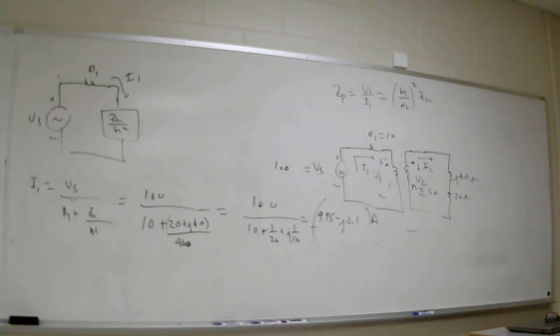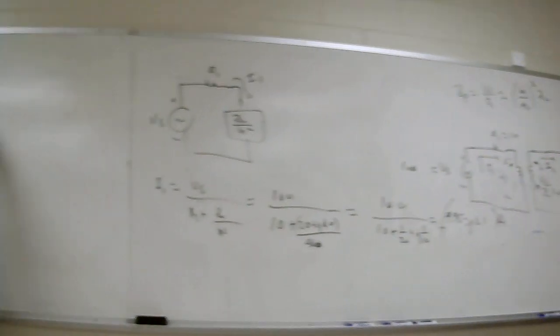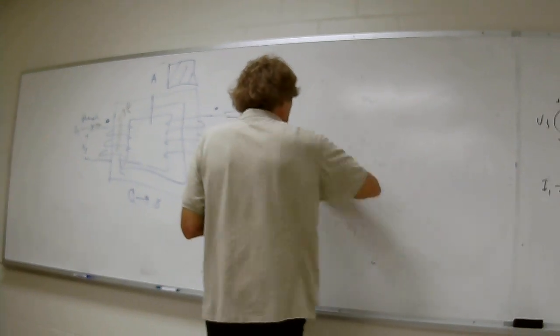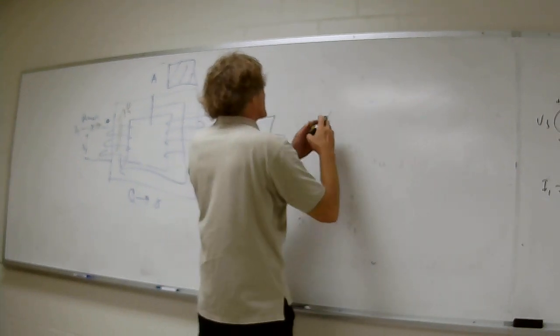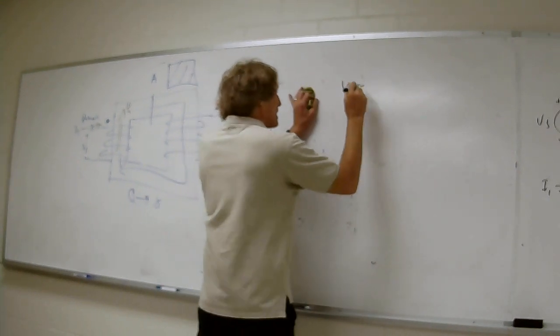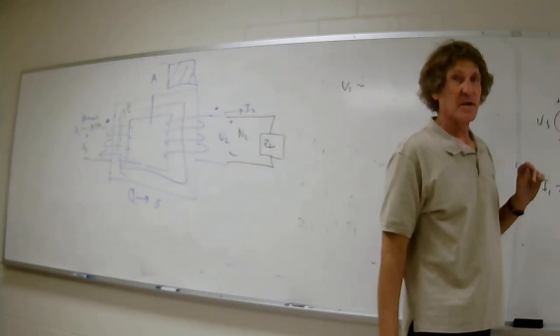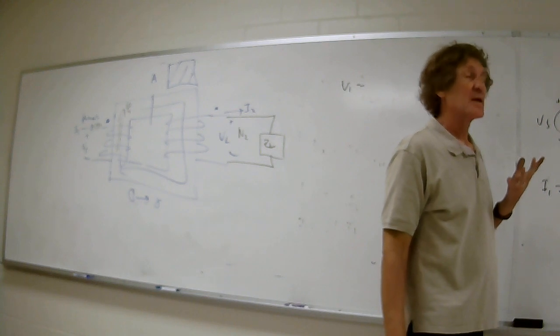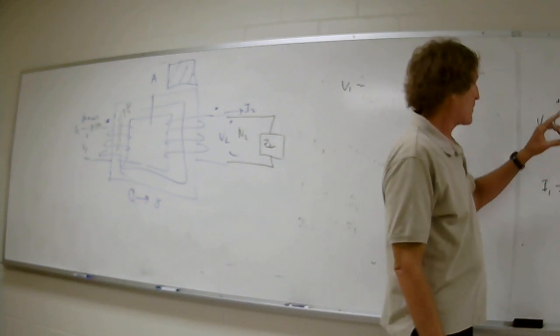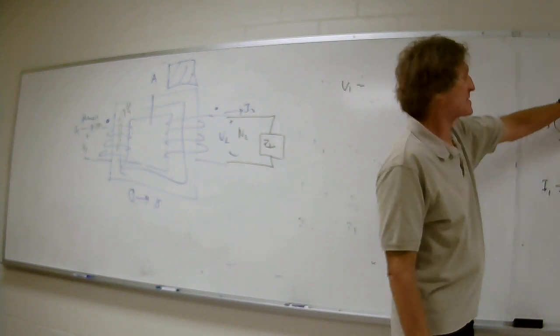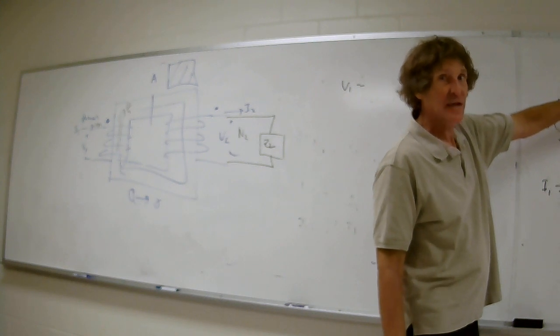Now, here's where you can do it so many different ways. I want the voltage V1. How would you get V1? Well, we got the current. We can take the voltage minus I times R. That's the easy one.